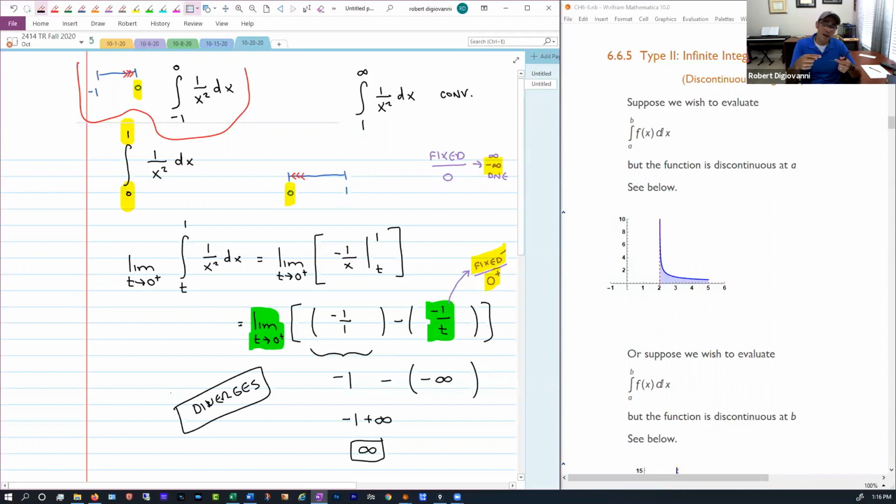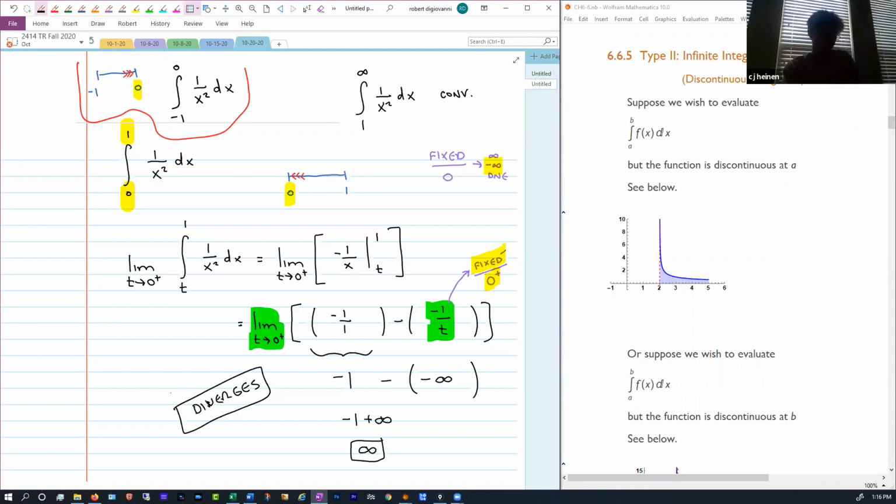So on one side, you're getting positive infinity, the other side, negative infinity. And because they're going different places, it would be does not exist. So usually we'll only get does not exist when you have a two-sided limit where you have to check both sides. But because these are one-sided limits, we're usually going to get either infinity or negative infinity. Does that answer your question, CJ? Yes, it does.